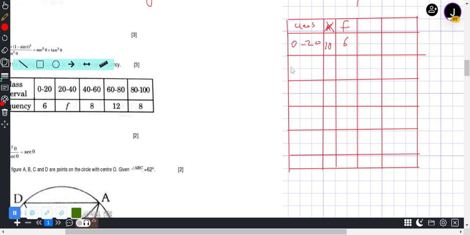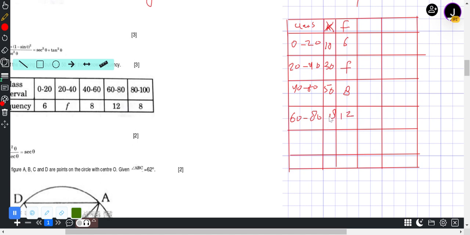Then next one 20 to 40, midpoint is 30. Then next one 40 to 60, 60 to 80. 20 to 40 is f. And 40 to 60 is 8. 60 to 80 is 12.